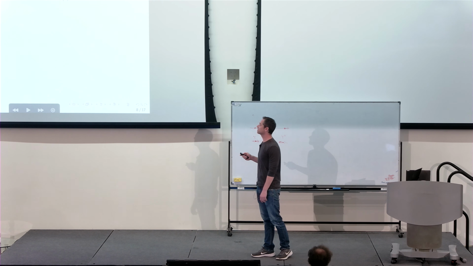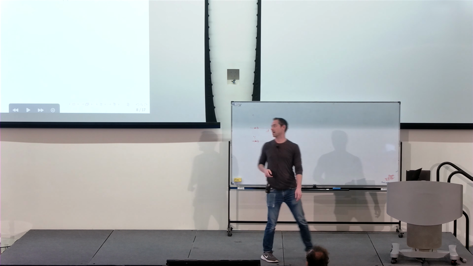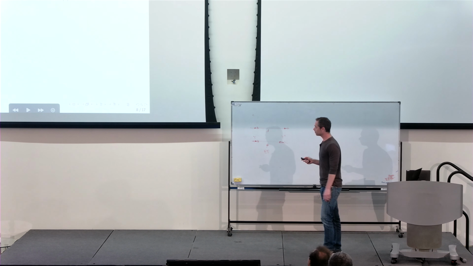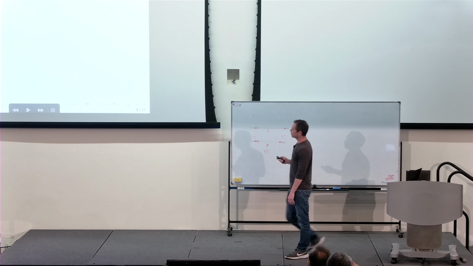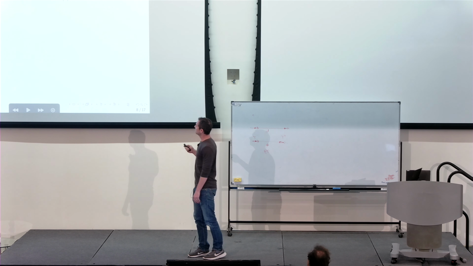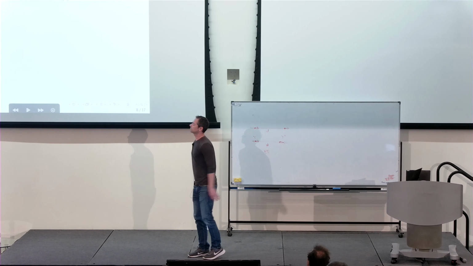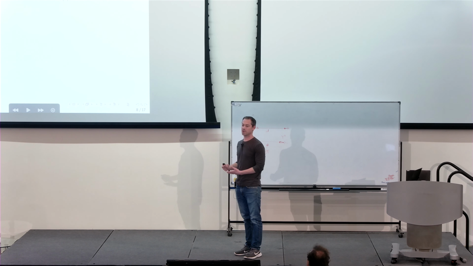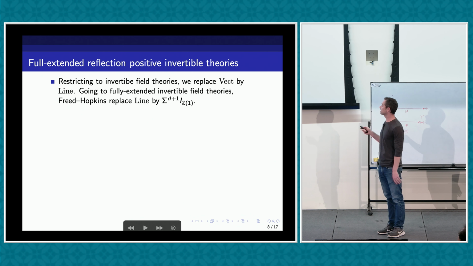And they provide a little bit of justification for why you can think of this as being like higher lines. But I think a better justification for this as a target is that it's sort of a universal target for field theories, in the sense that they're determined by just their partition function. So this Anderson dual satisfies a universal property.